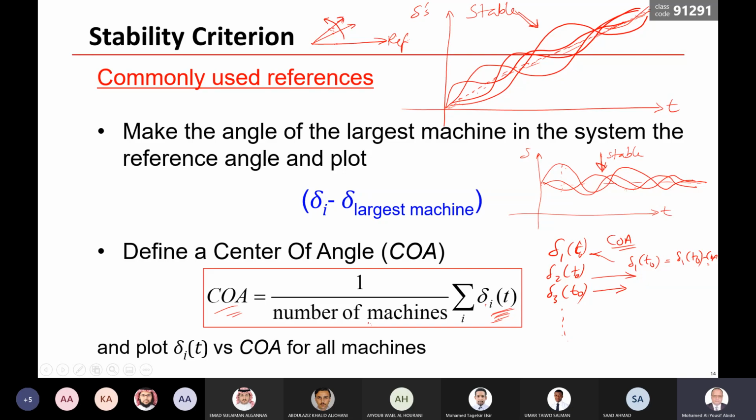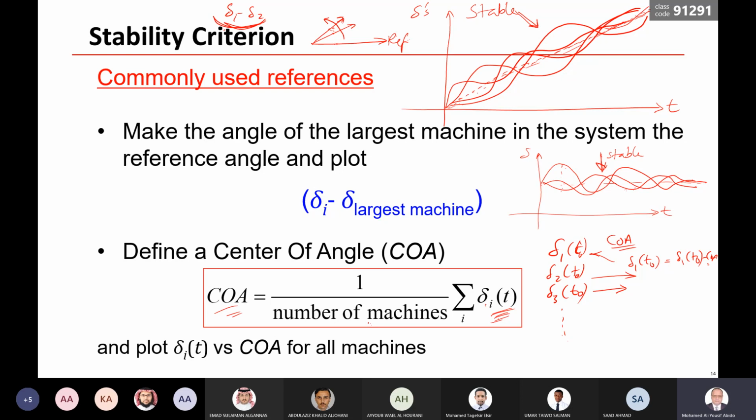So we are interested here in stability also. We are interested in the angle difference, delta 1 minus delta 2. For the last configuration, which is the two-machine system, we are interested in delta 1 minus delta 2, the angle difference.